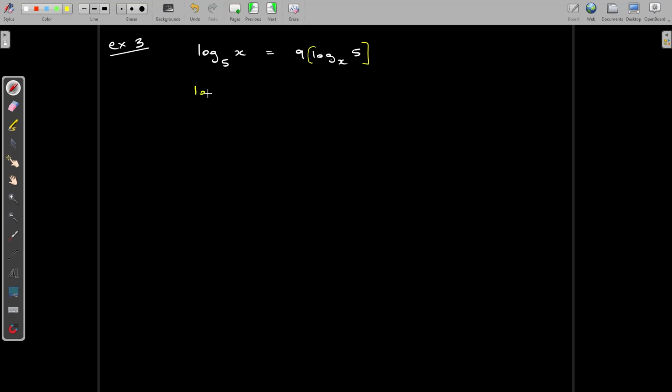So what we'll have now is log base 5 of x is equal to 9 over log base 5 of x. I'm skipping a few steps because you should be able to pinpoint what steps I skipped. So now we know that we're multiplying both sides by log base 5 of x. So log base 5 of x is equal to plus or minus 3.